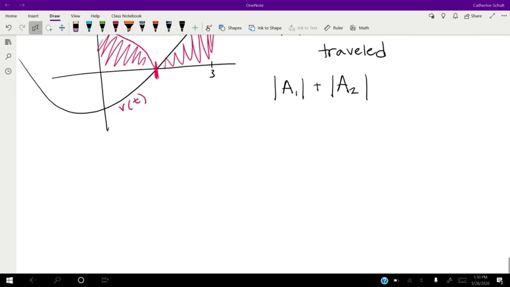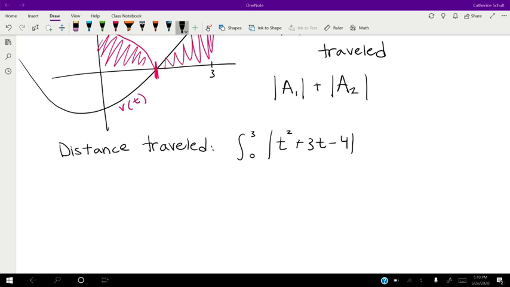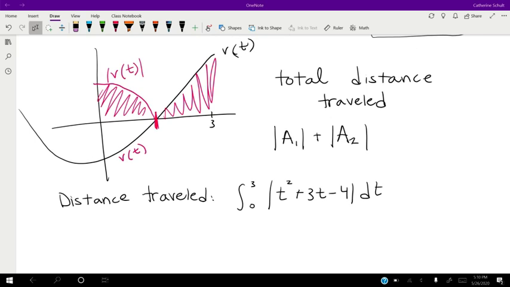Okay, so the distance traveled is the integral from 0 to 3, and now we're going to take the absolute value of the velocity function. So we're going to have to figure out where the function is positive and where it is negative. We kind of did that by looking at a graph. We know how to figure out if a function is positive or negative: we find the critical numbers and use test points, or we look at the graph. And this time we did the graph. Our critical numbers were -4 and, what was it?